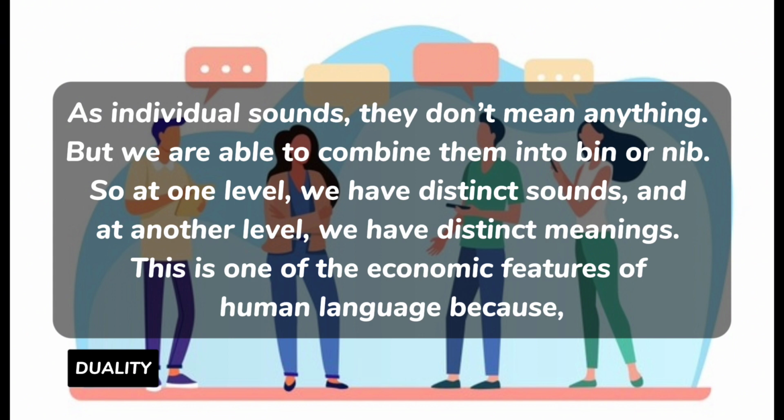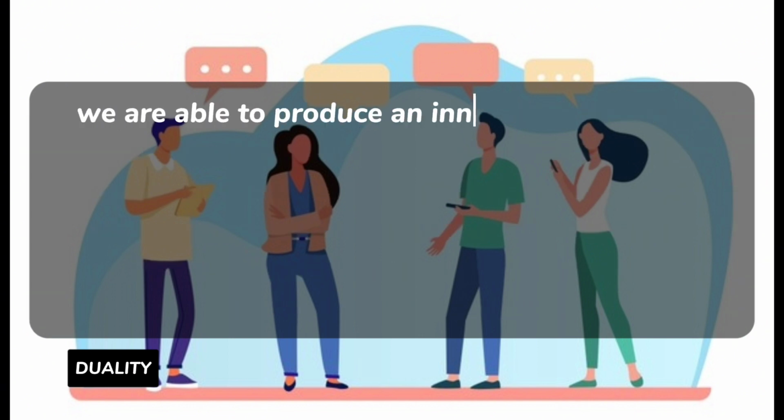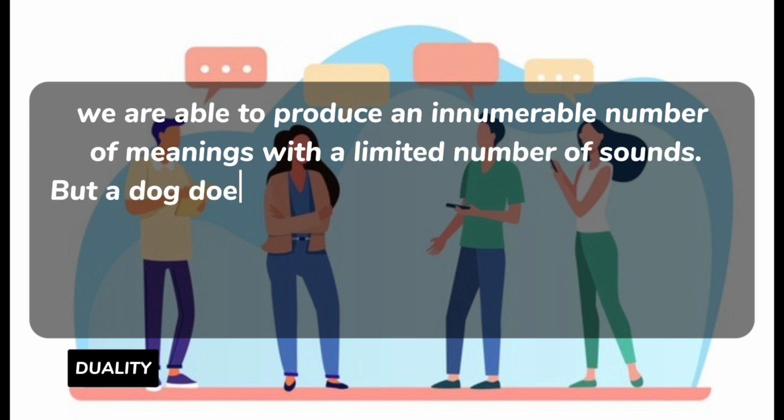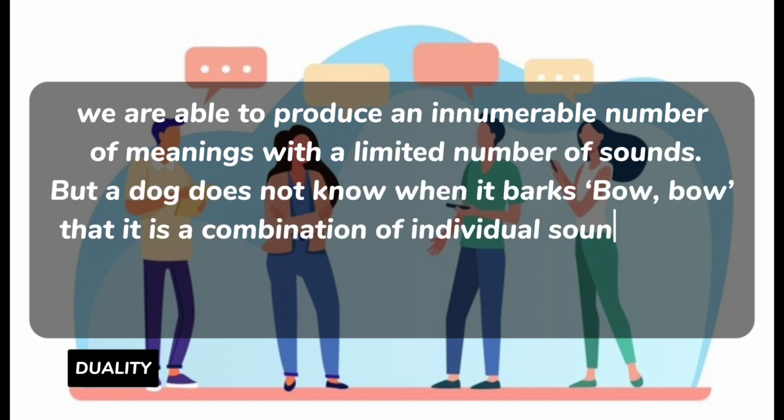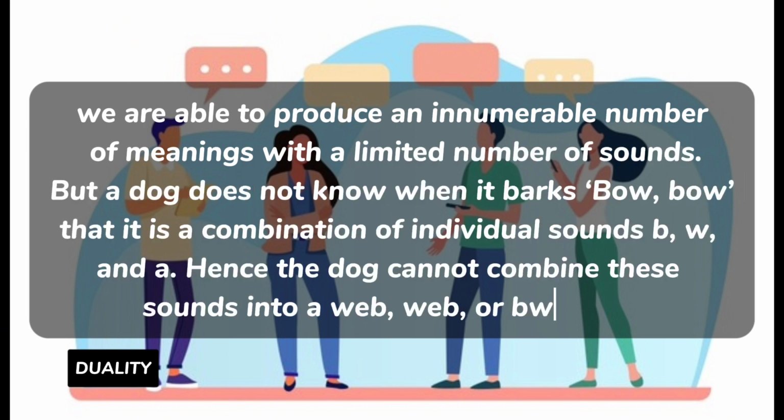This is one of the economic features of human language because we are able to produce an innumerable number of meanings with a limited number of sounds. But a dog does not know when it barks bow wow that it is a combination of individual sounds b, o, and w.